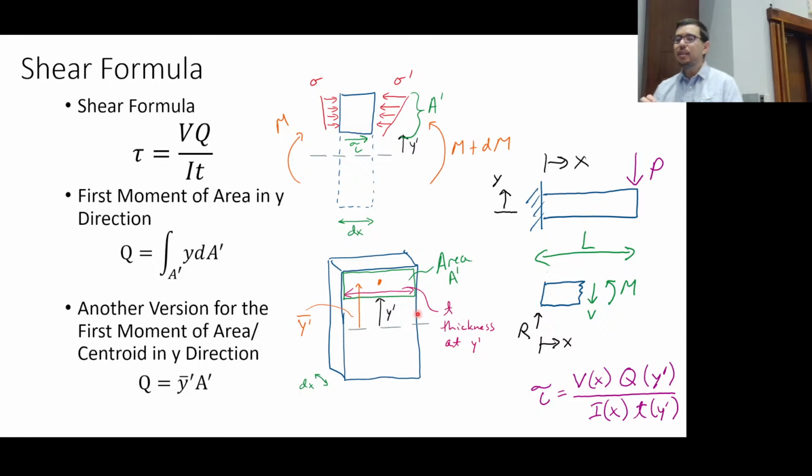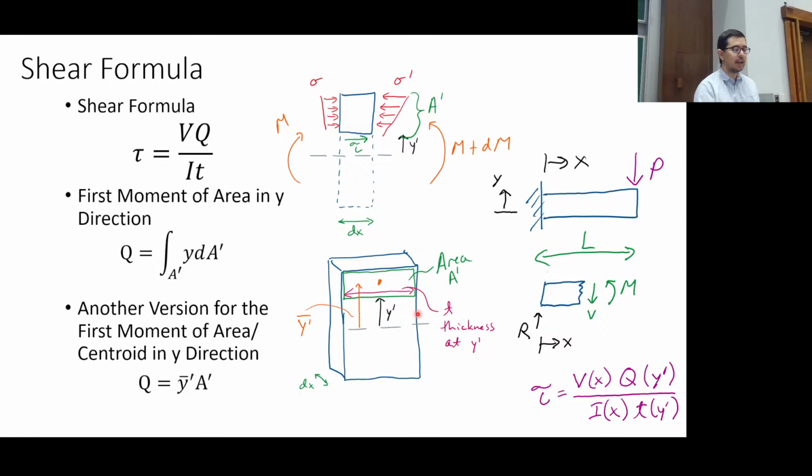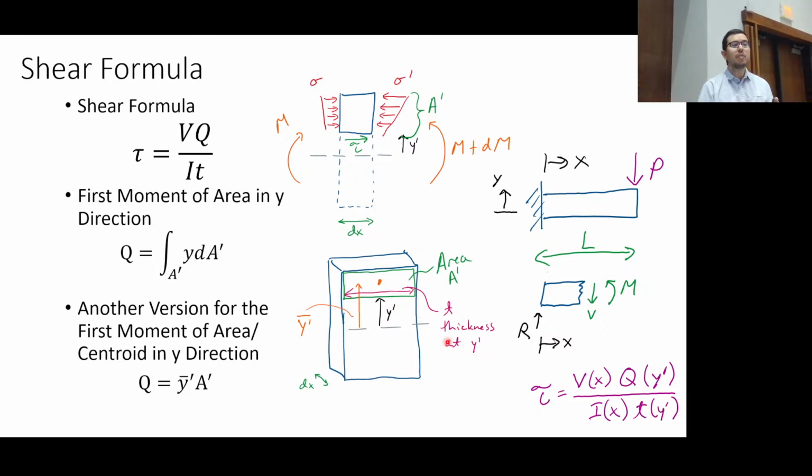But that is going to be this width. I don't really like this. Maybe we should change it, but with the conventions we're following here, when I think of I equals BH cubed over 12, that B is the width. And often I'll think of something like BT cubed over 12 where T would be a thickness. T in this case is the width.